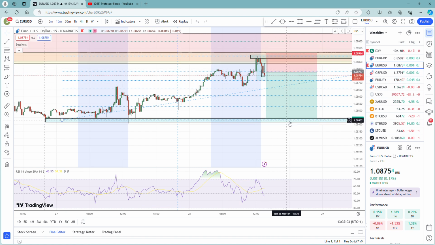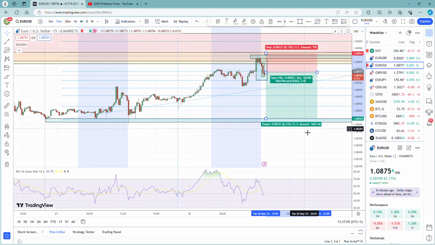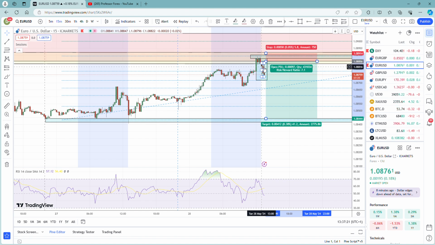So fingers crossed, my entry is correct, my analysis is correct. I'm just waiting for it to go down and potentially make, risking £1,300 to make £3,300. So that would have been better. That would have been a very, very good entry if I entered right here. But I've missed it by 45 minutes, so what can you do?